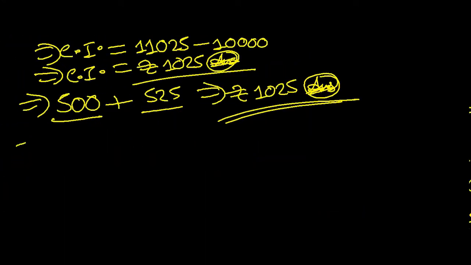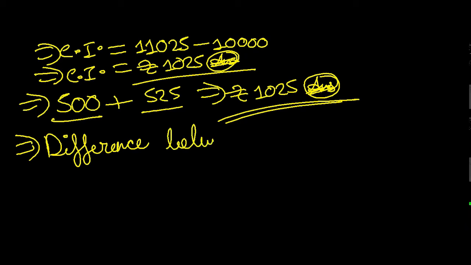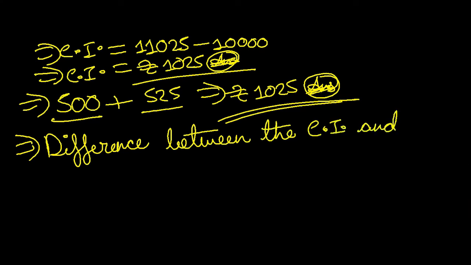Okay, so we will write the difference between the compound interest and the simple interest. I am writing in short compound interest as CI and simple interest as SI.